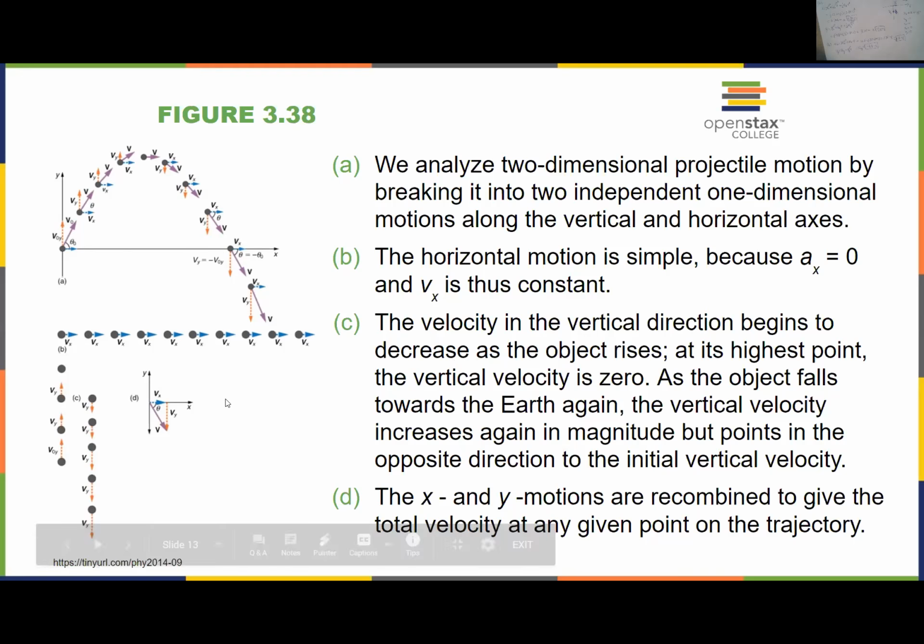It's small here, but in figure A you can see this angle, theta 0. If it starts at the origin, you can see the object being thrown up. When it comes back to the same level, you'll see that theta is equal to minus theta 0.